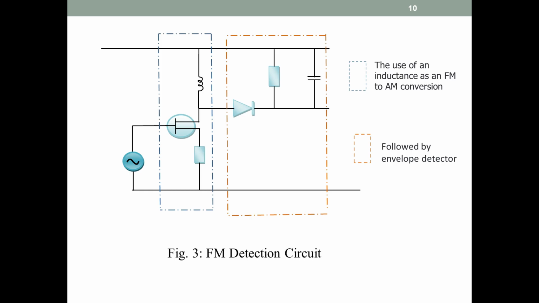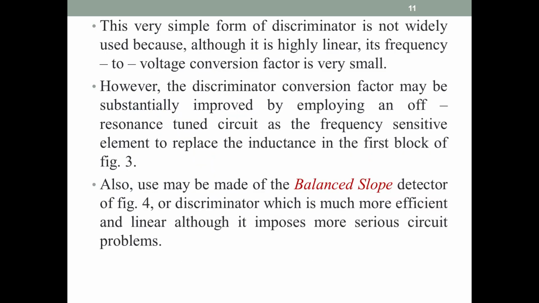The block circled in blue is the use of an inductance as an FM to AM converter, then followed by the envelope detector described earlier. This very simple form of discriminator is not widely used because, although it is highly linear, its frequency to voltage conversion factor is very small.